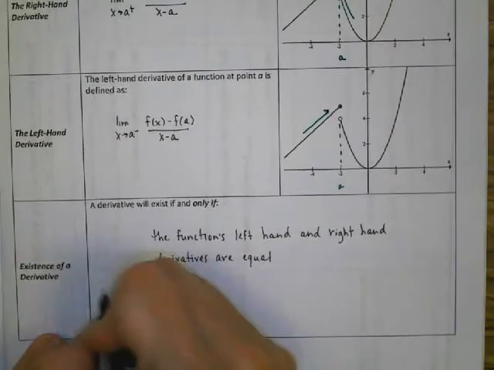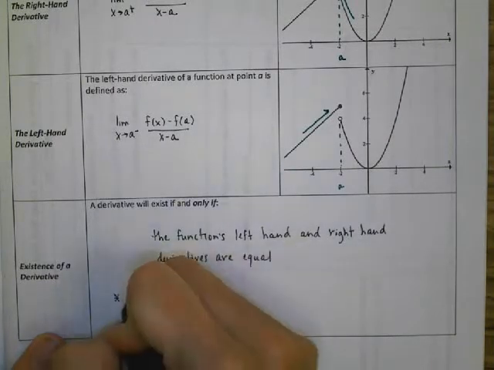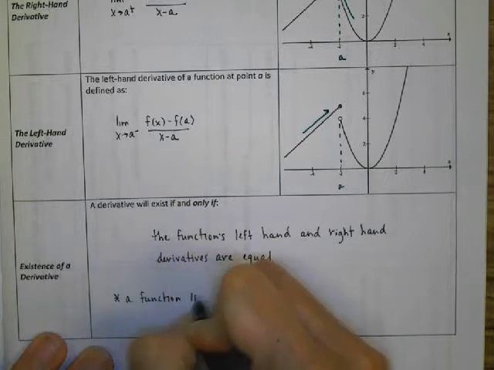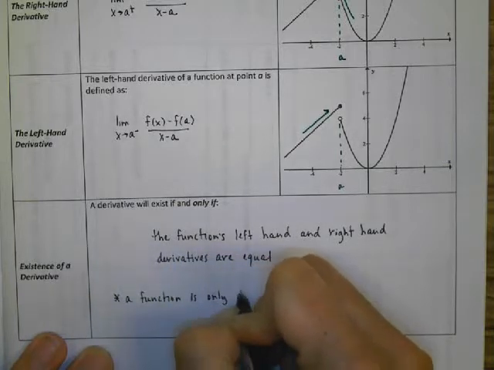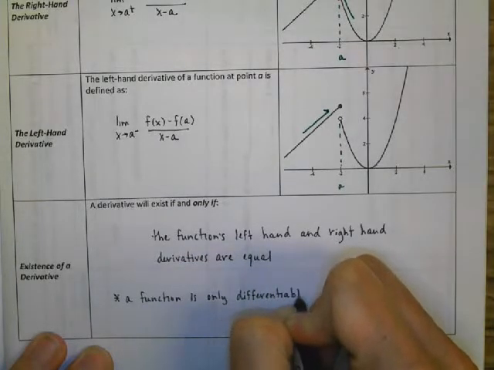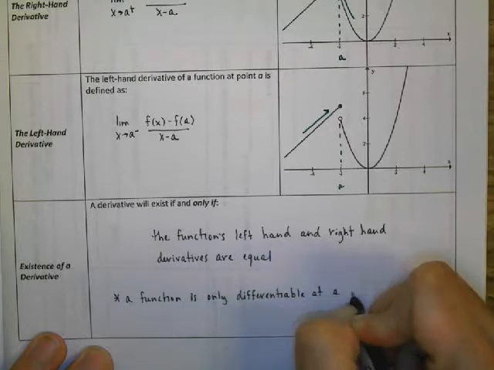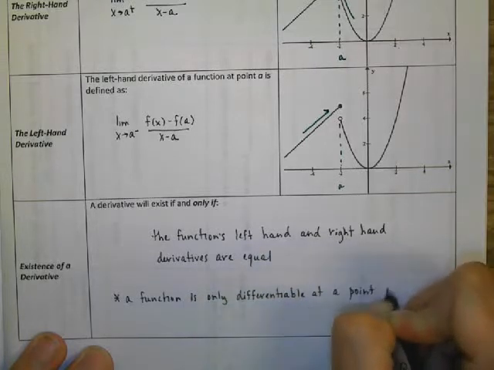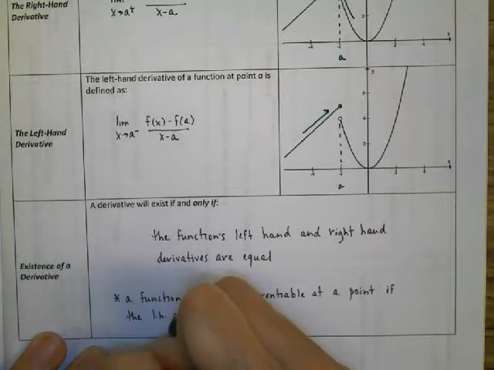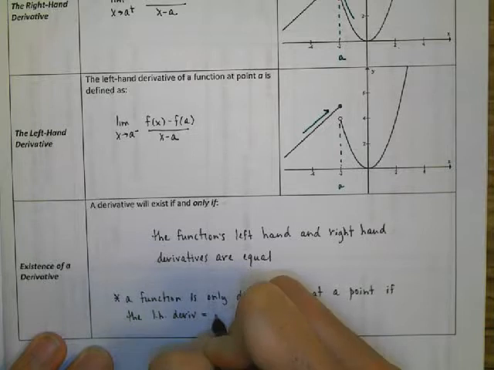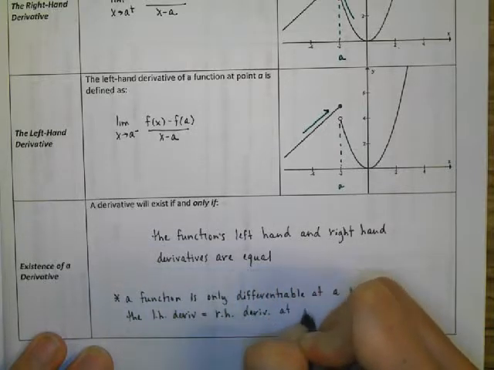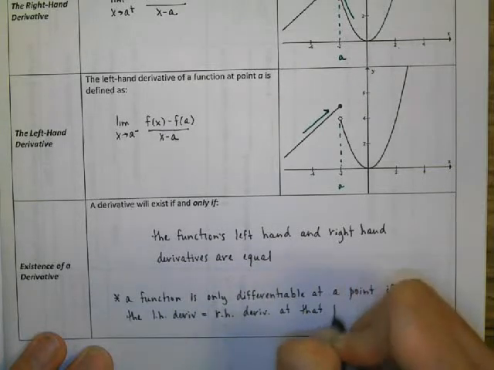Our big idea here is that a function is only differentiable at a point if, and I'm going to use a little shorthand here, the left-hand derivative is equal to the right-hand derivative at that point.